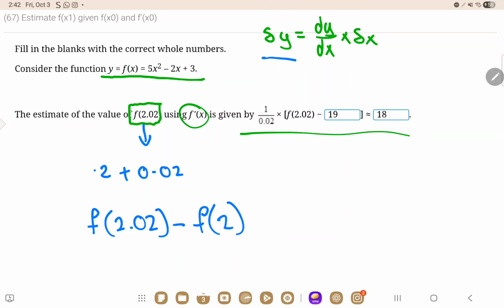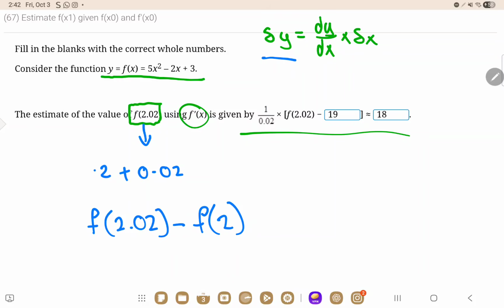But what they want us to do in this question isn't use our calculator to find the value of this function at 2.02. They want us to estimate. So we're going to estimate the function when the small change is just 0.02.